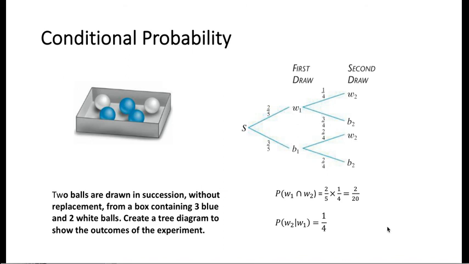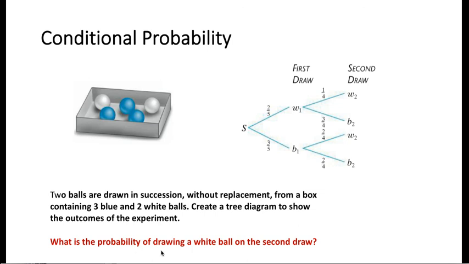Okay, so let's look at a problem. What is the probability of drawing a white ball on the second draw? To calculate that probability, you have to add the 2 events where you end up with a white ball on the second draw.